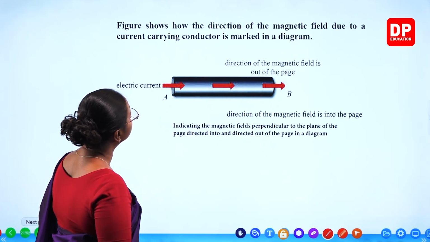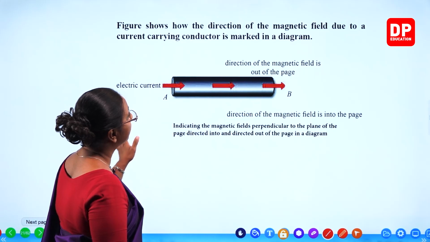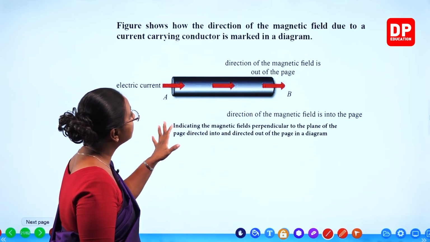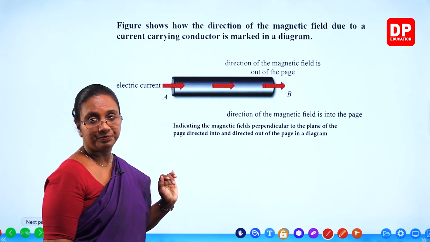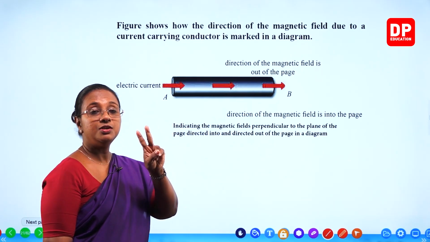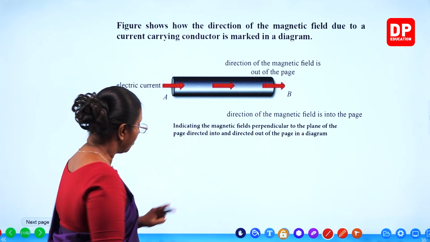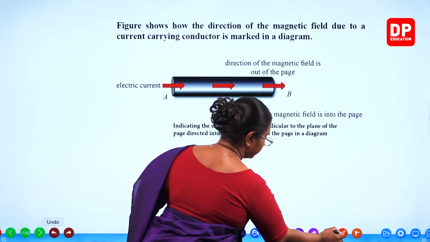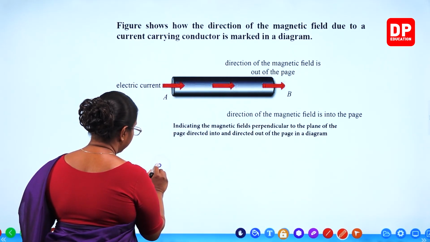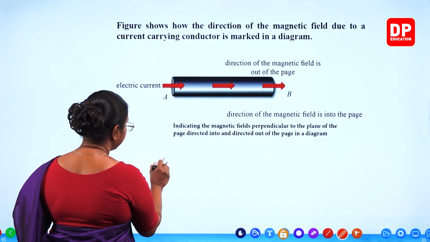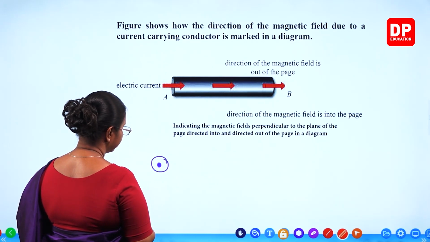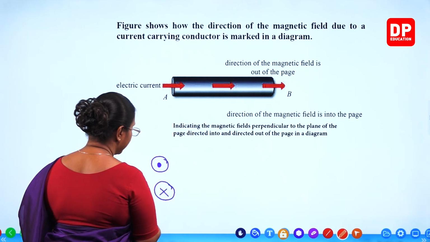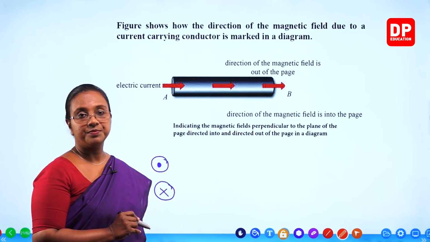The figure shows how the direction of the magnetic field due to a current carrying conductor is marked in a diagram. To do that, we use two symbols. One symbol is a dot with a circle around it. The other one is a cross with a circle.